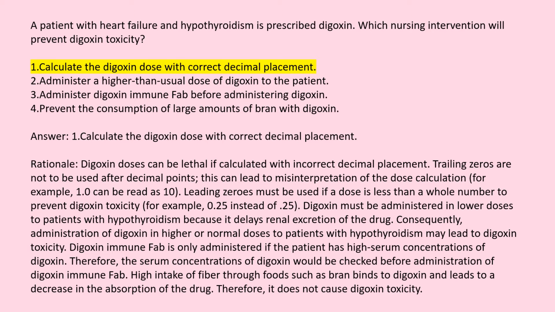Digoxin immune Fab is only administered if the patient has high serum concentrations of digoxin. Therefore, the serum concentrations of digoxin would be checked before administration of digoxin immune Fab. High intake of fiber through foods such as bran binds to digoxin and leads to a decrease in the absorption of the drug. Therefore, it does not cause digoxin toxicity.